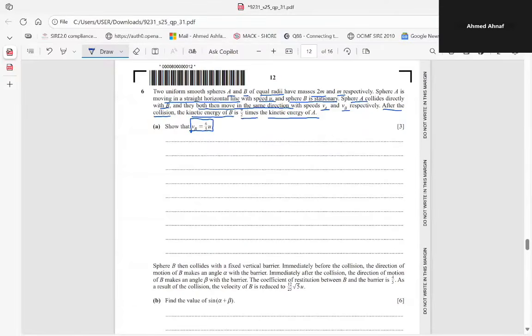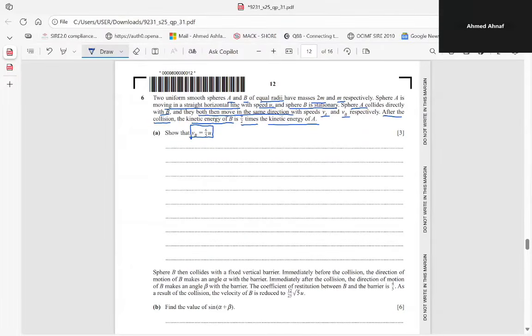All right, so let's draw a rough diagram of what was going on. So let this be sphere A and this be sphere B. So A was initially moving with speed u towards B in a straight line, and sphere B stationary, and then after that A and B, they move in the same direction.